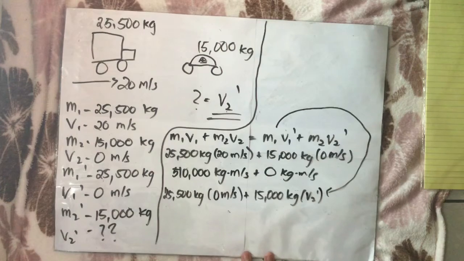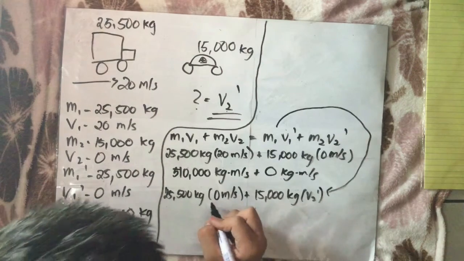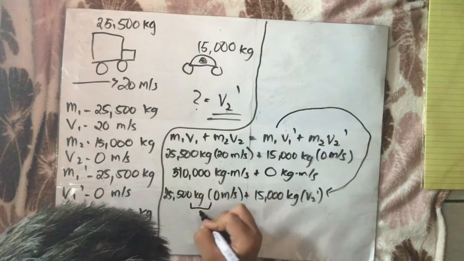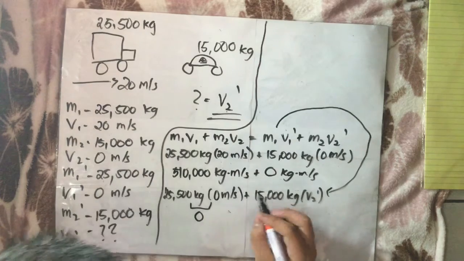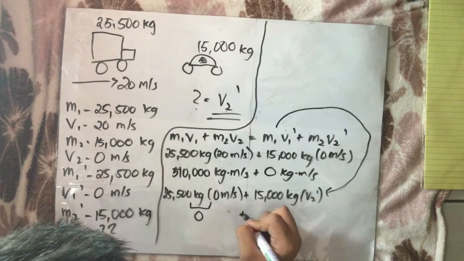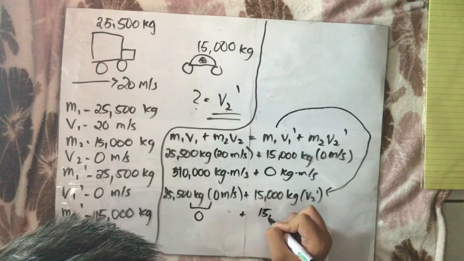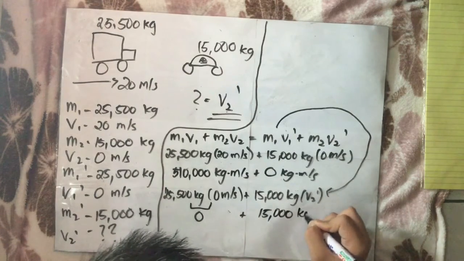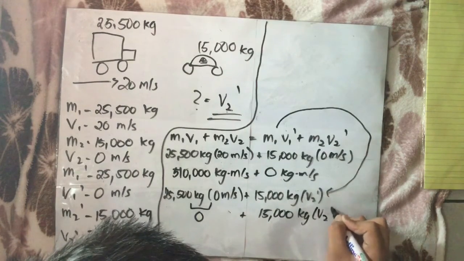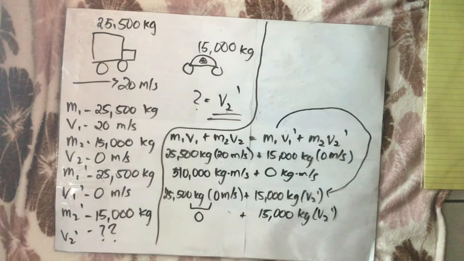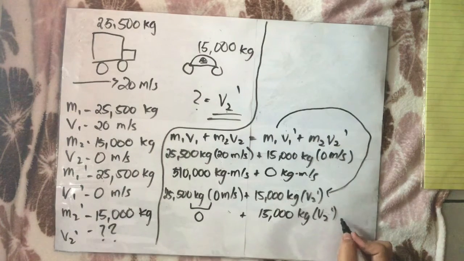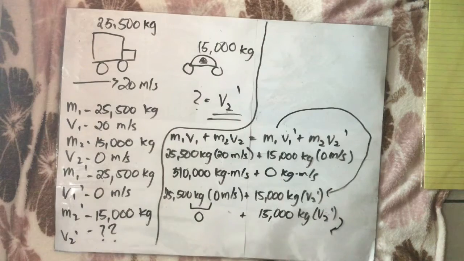So this one is equal to 0 plus 15,000 kilograms V2 after. What we're going to do next is join the equations together.